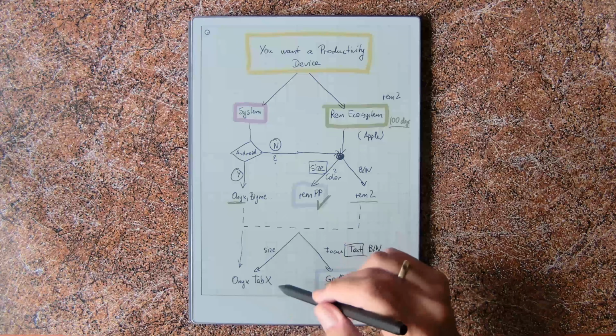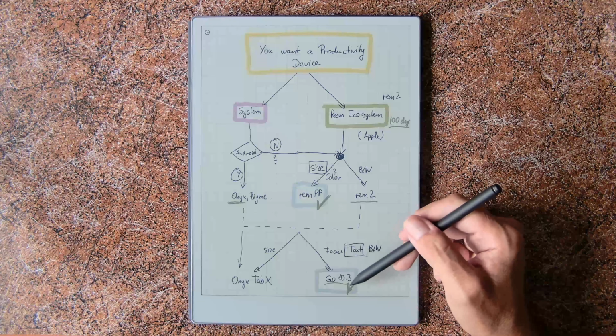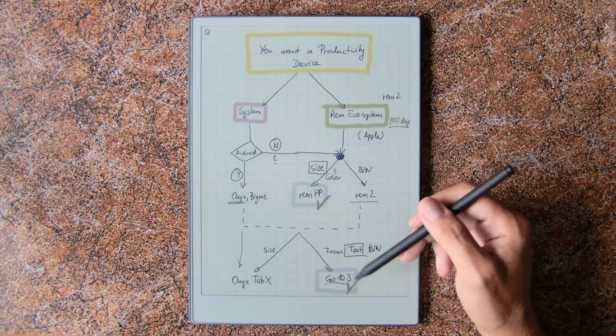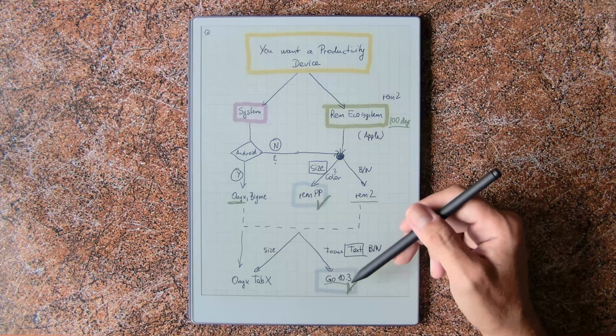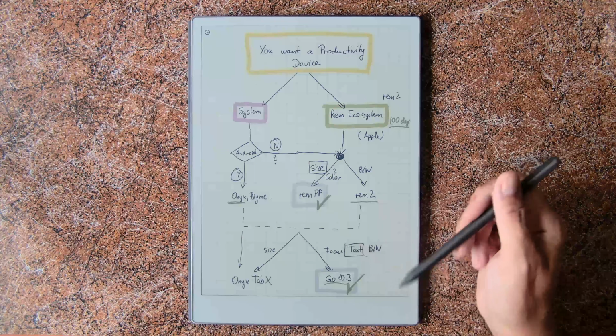And there is also a large device, but only black and white, which is the Onyx Tab X and the 10.3 Go, which is in the black and white world actually my favorite at the moment. And if you want Android, yeah, okay.